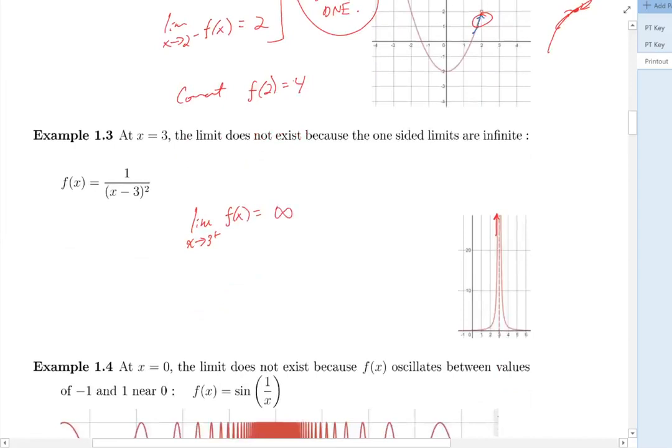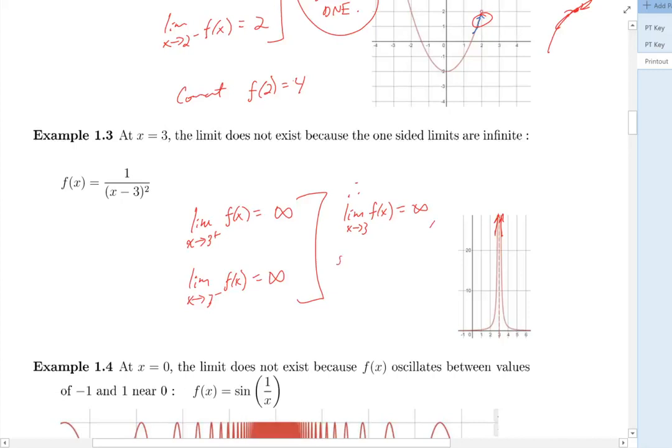So this is infinity, and then if you approach, that's this side. And then do you agree when you have a vertical asymptote, the one-sided limits are always going to be plus or minus infinity, and since it goes up on each side, they're infinity. Now, here, that means that the limit as x goes to 3 of f of x equals infinity, but that's considered a type of not existing.